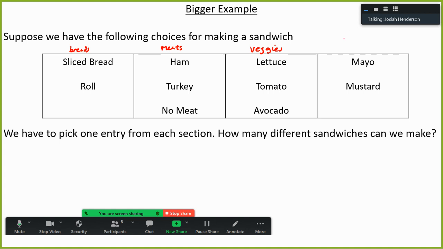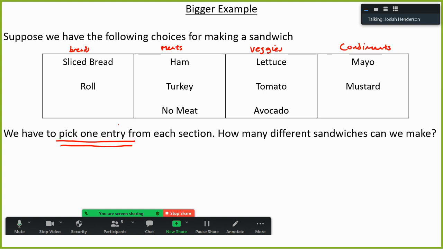And last up, we've got the condiments, mayonnaise and mustard. So if I wanted to do the same thing we did with the first example and pick one entry from each section, from each list, how many different sandwiches exist? How many different sandwich mixes can we make?